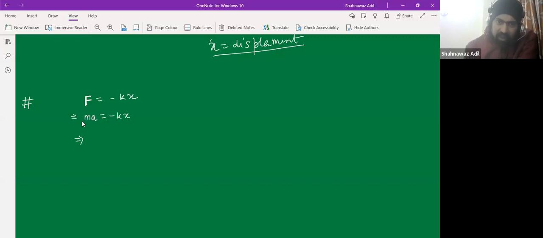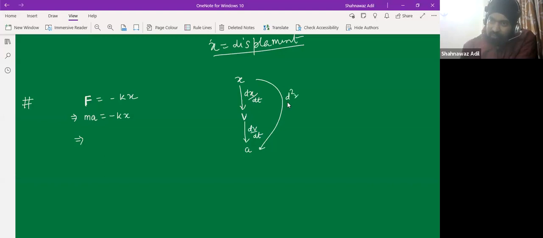If you remember, we have this displacement. We take one derivative, which gives us velocity. If we take another derivative, it gives us the acceleration. So we take two derivatives of this.